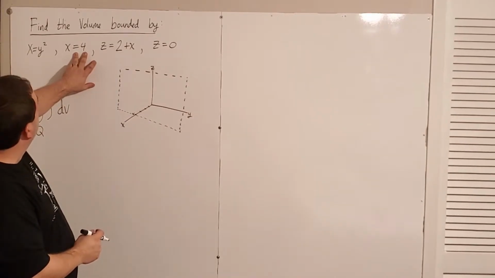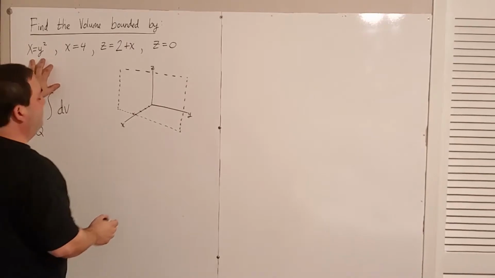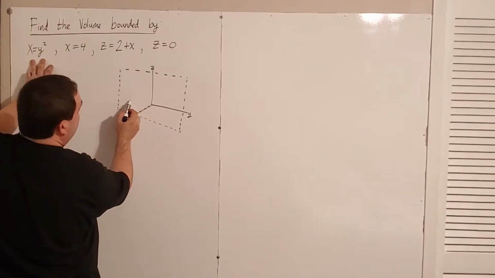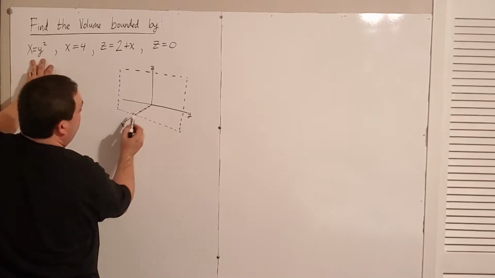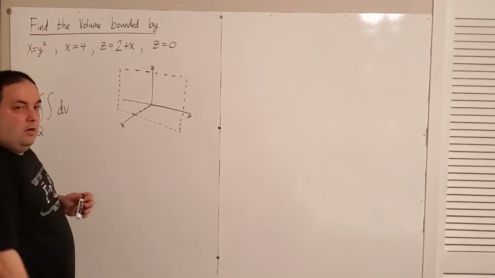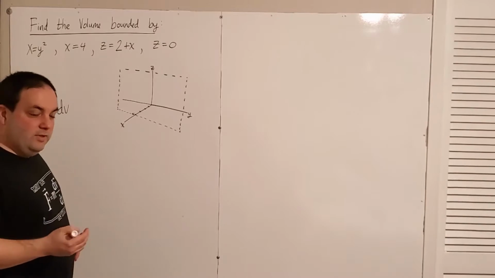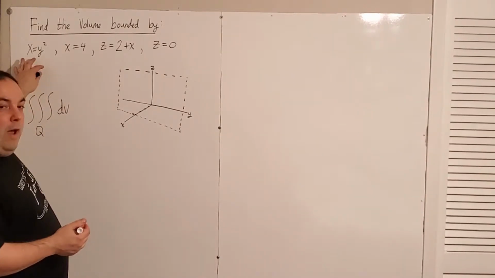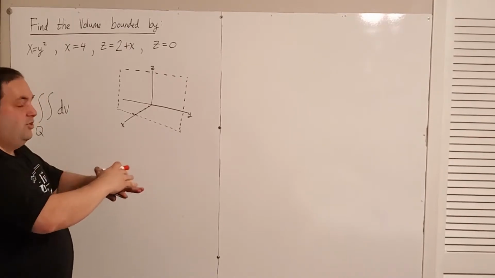Okay. Then I have x equals y squared. So what I'm going to do is draw the y-axis a little bit more right here. There's my y-axis. And x equals y squared should sound very familiar to you, because y equals x squared is something we see a lot in algebra. It's a parabola, but it's the curve on the xy plane to start with.